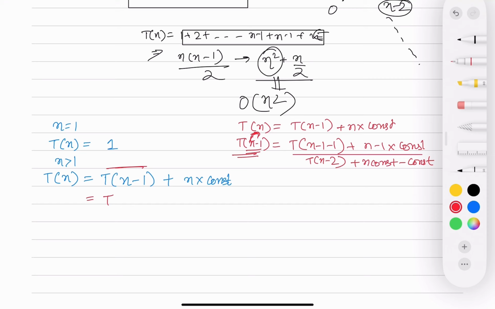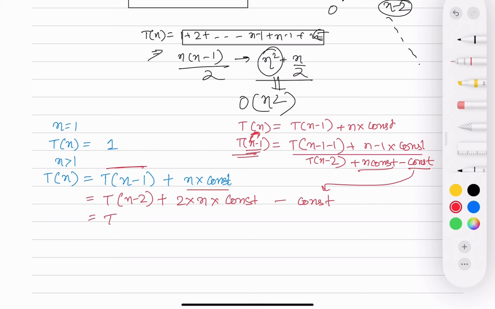Okay. So if you put all this value here, you will get T of n minus 2 plus 2 into n into constant minus constant. Are you getting it? Because n into constant was already there, another n into constant came here, and this minus constant is this.